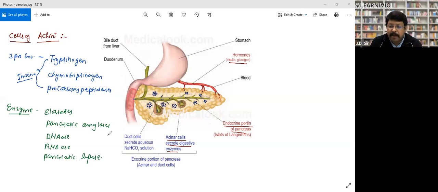The exocrine part of pancreas secretes an alkaline pancreatic juice with pH value 8.4.